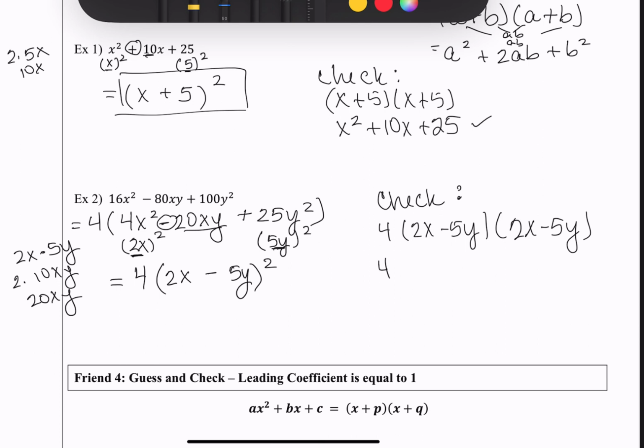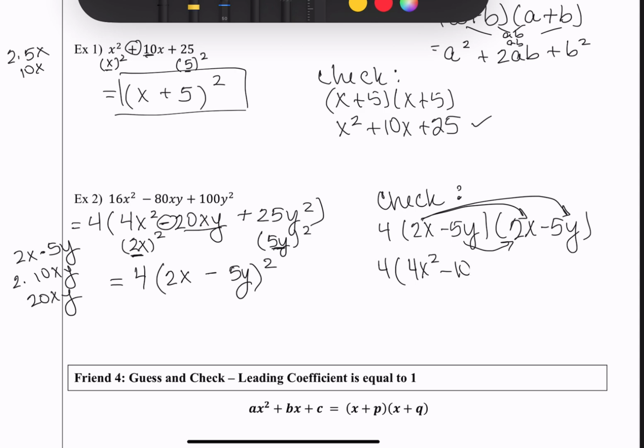All right, so let's see. 2x times 2x is 4x squared. 2x times negative 5y, negative 10y. I'm doing it a different way just in case you don't remember this, but we did this in our last lesson where we were multiplying polynomials. Negative 5y times 2x. Oops.